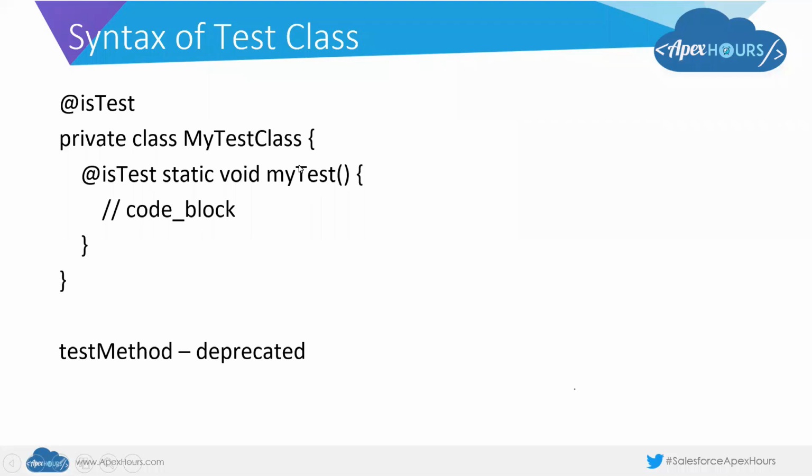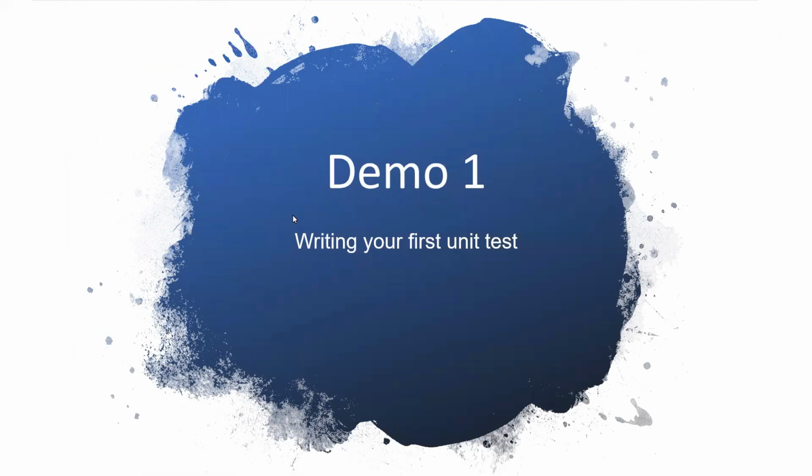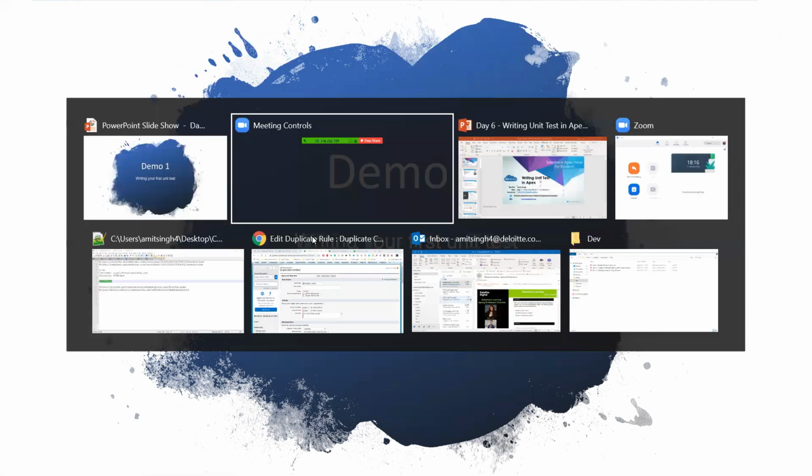The name of your method can be anything. Previously there was a keyword testMethod instead of @isTest, and now it has been deprecated, so we need not worry about the testMethod keyword. So this is how you write a very basic test case.